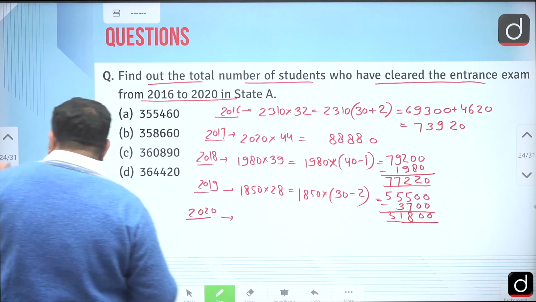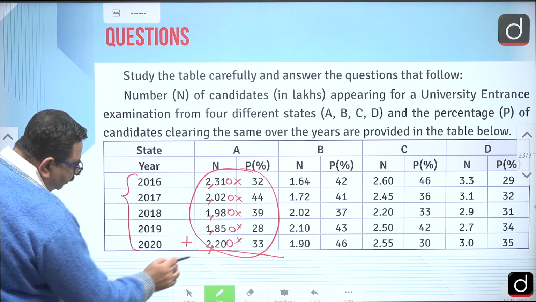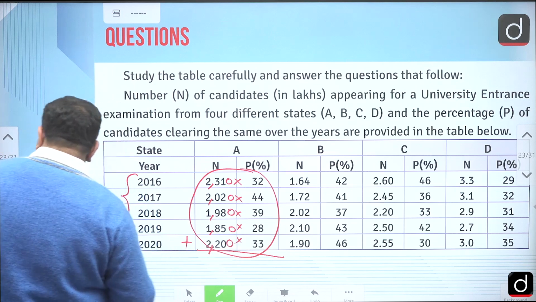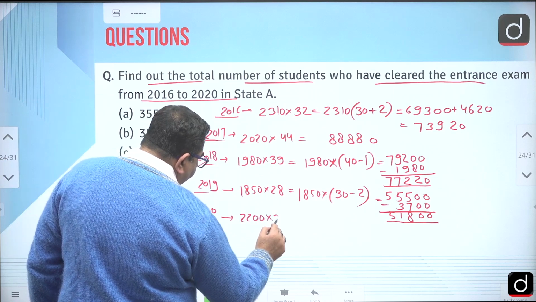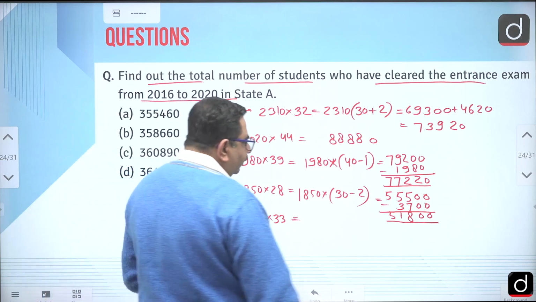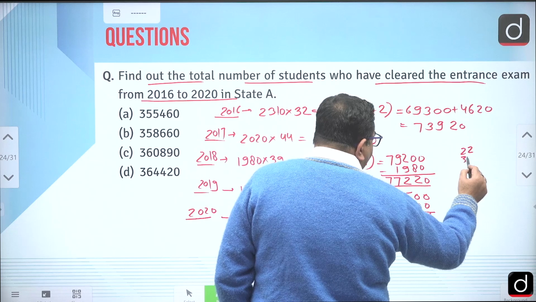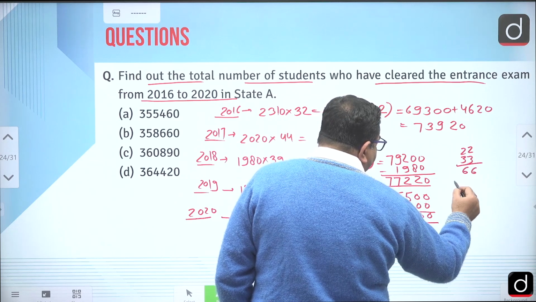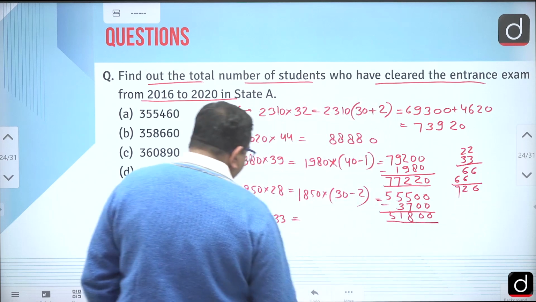And then in 2020, when we calculate, that is easy. This is 2200 into 33. These numbers, 22 and 33, are very easy to calculate, right? So 66, 66. This is 6, 6, 12, 7, 2, 6.